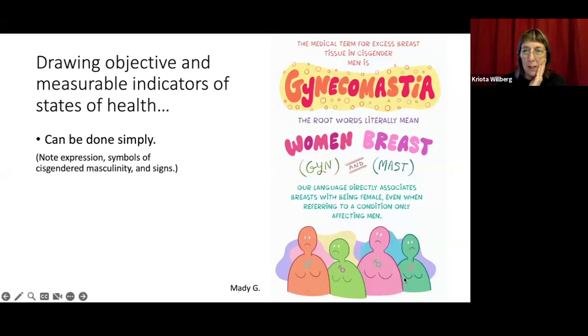We can see through these symbols of Mars, right, that these are male figures. We can also see, based on these very simplistic little U-shaped lines, that they have breasts.